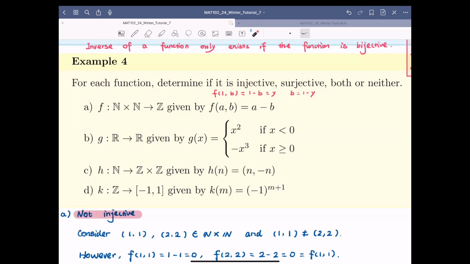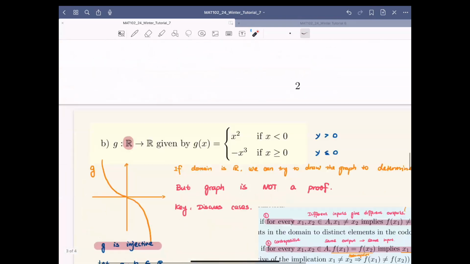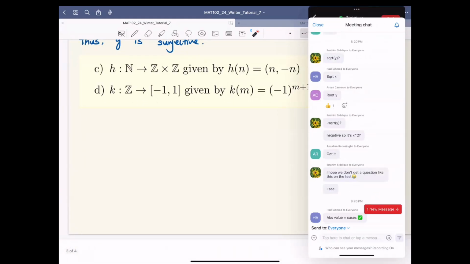They're not new to you. You've seen them before in image questions. So go back and redo all your image questions, and for each of them, you should ask yourself, is this function injective as well? And now let's do C and D. If nobody has any question, last call, any question?